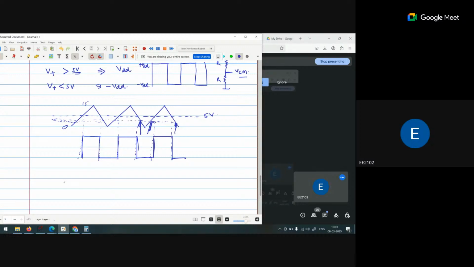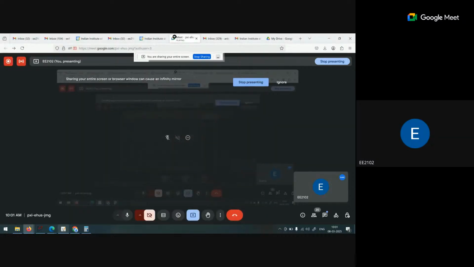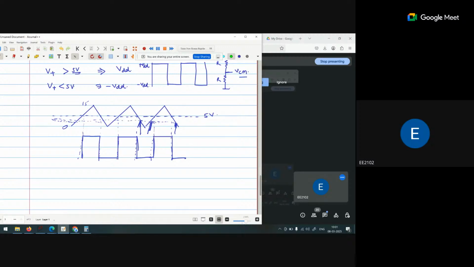So let's write it down. It will be off from here to here, and on from here to here. So basically, on time is increased and off time is decreased. So your duty cycle is changed. Clear? So this is about the week 1 experiment.